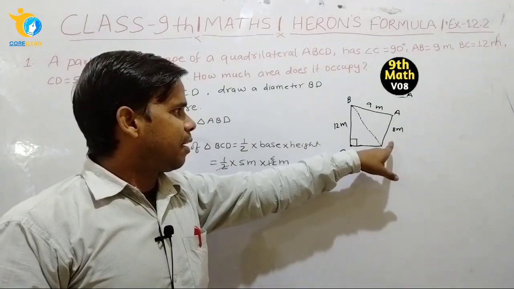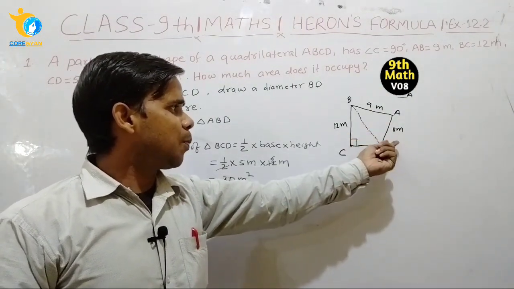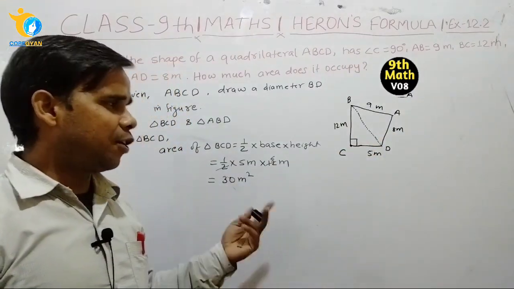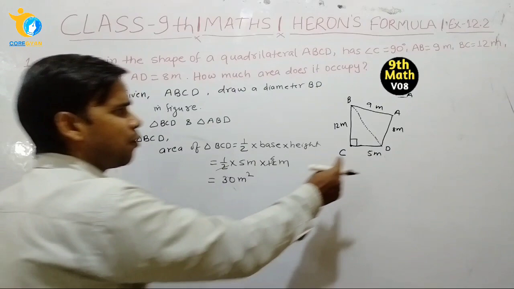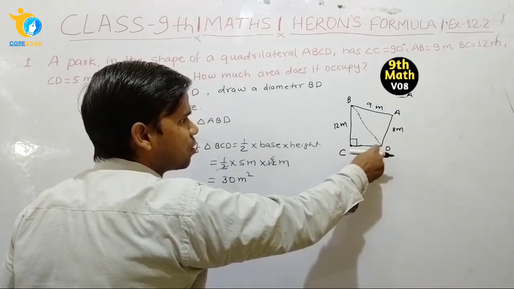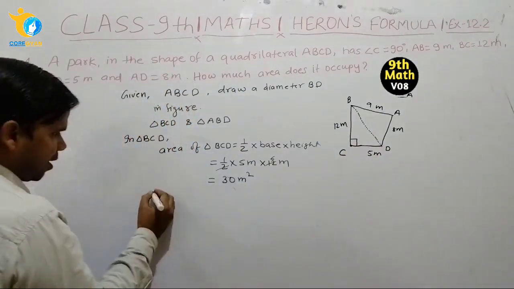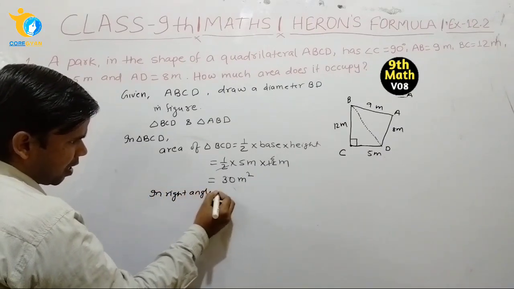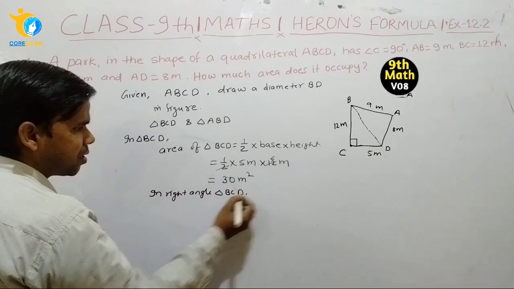Because here the height and base are not given, we have to apply Heron's formula. So firstly we apply the Pythagoras theorem in right angle triangle BCD.